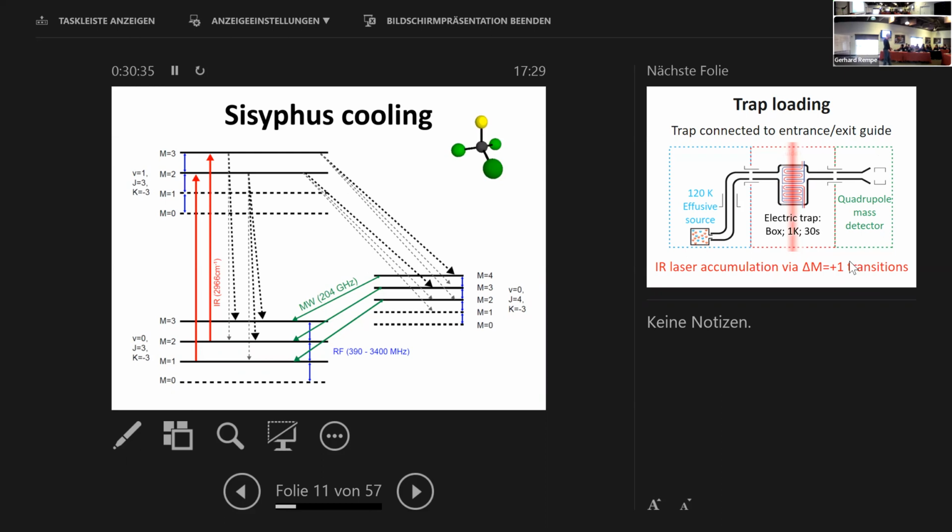The molecules would escape and it would show as a loss mechanism, but the loss channel is very small. So basically, we can drive the full cycle, and the loss channel we can neglect. That's the key.